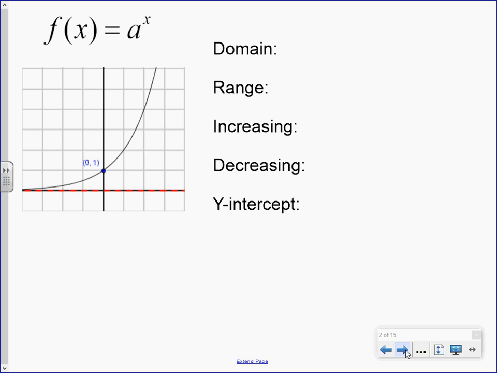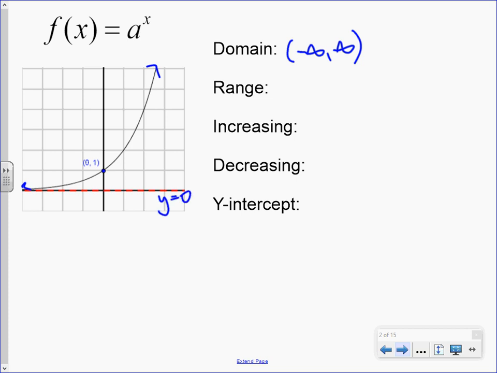All right, but here is our graph, right? Callie, how would you describe the domain? All real numbers. We do have an asymptote here at y equals 0.